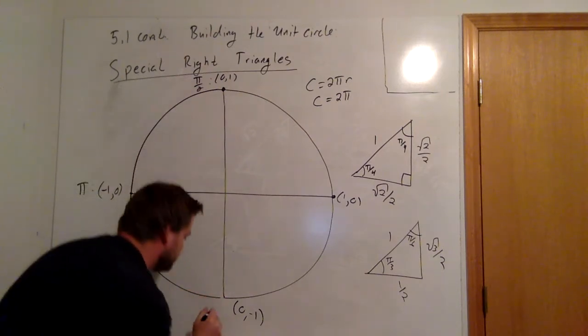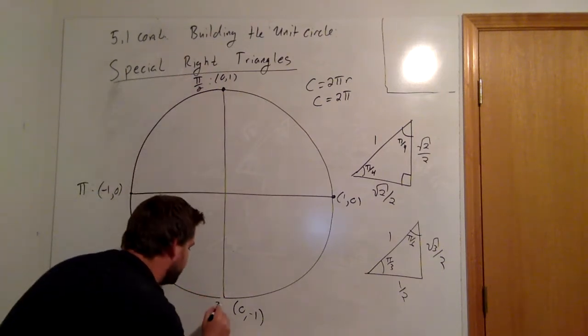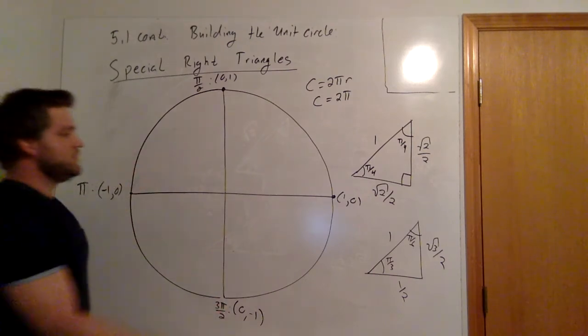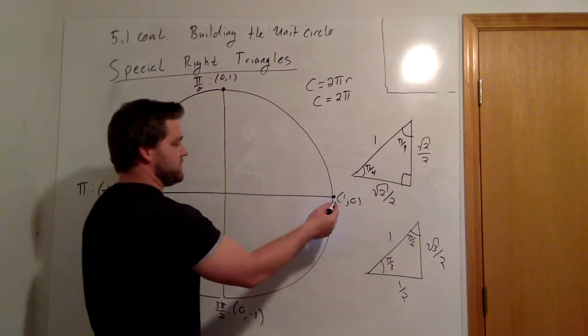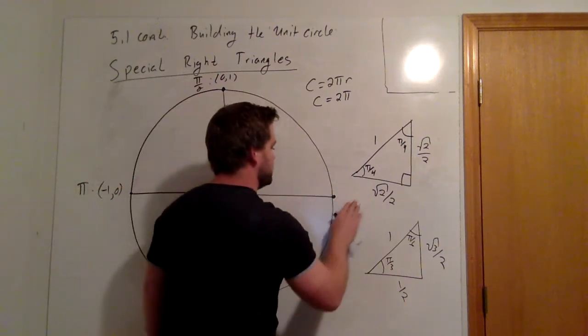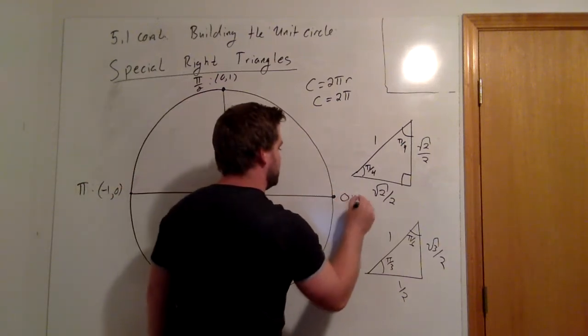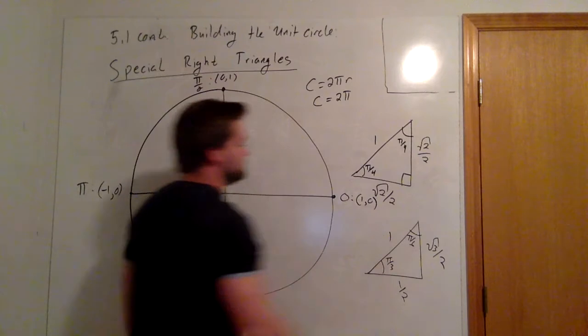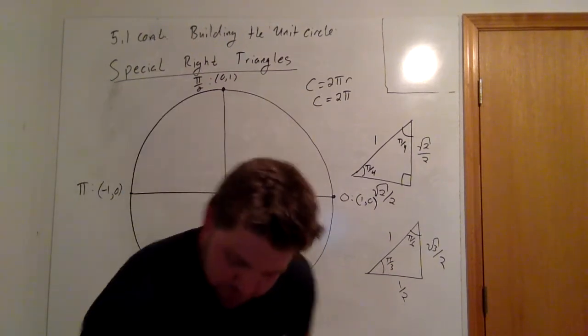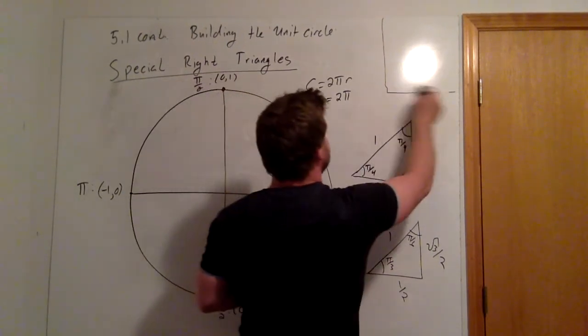So right here we've traveled 3 halves pi. And over here, we can either think that we've traveled a distance of 0 or a distance of 2 pi radians. So how about we put 0, and then 1 and 0. Let's block this off so we don't get too crowded.